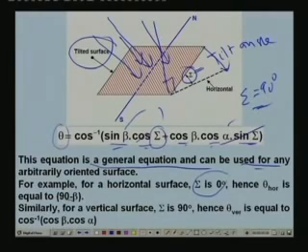Okay, 90 degrees. So when sigma becomes 90 degrees, cos sigma becomes 0. So you won't have this term, and sin sigma is 1. So you can easily find that theta vertical is equal to cos inverse of cos beta into cos alpha. Okay, so if you remember the expression for the angle of incidence on any arbitrarily oriented surface, then you can simplify it to other surfaces like vertical or horizontal surfaces.